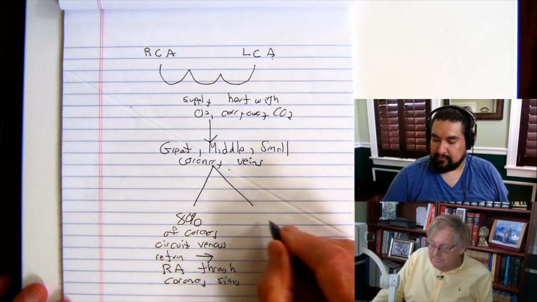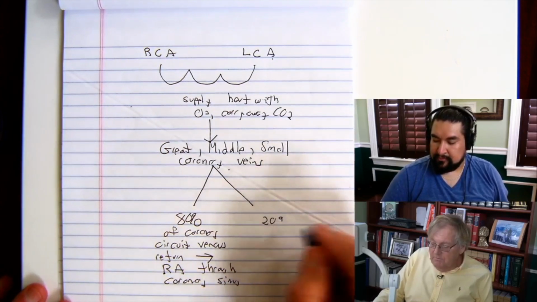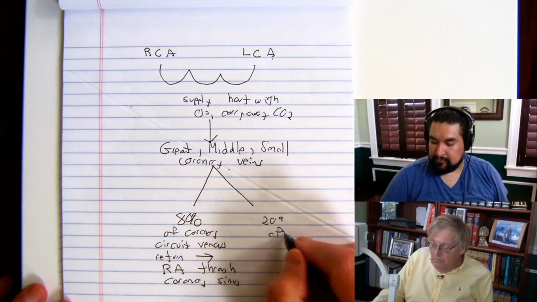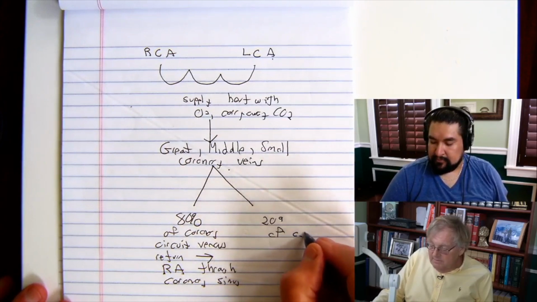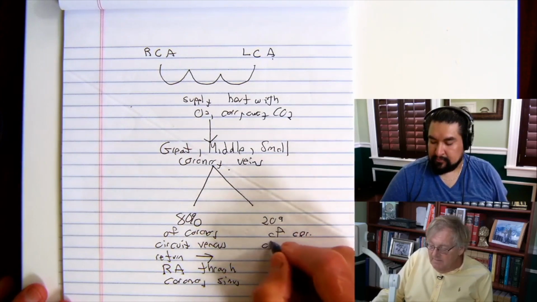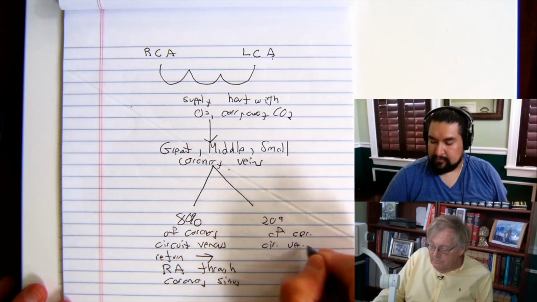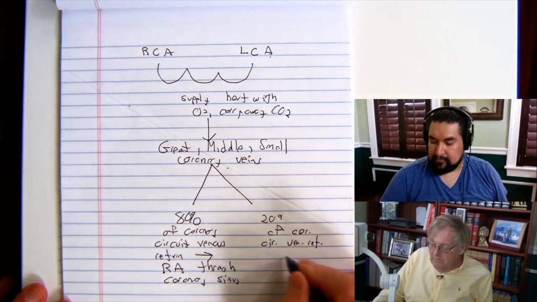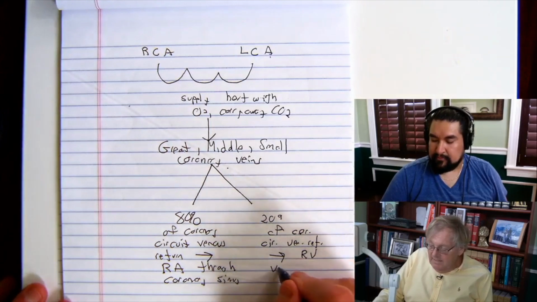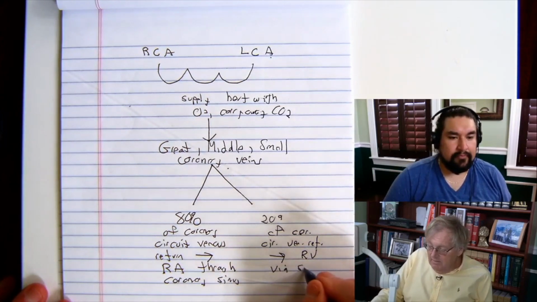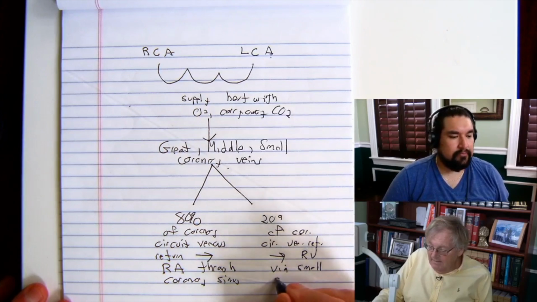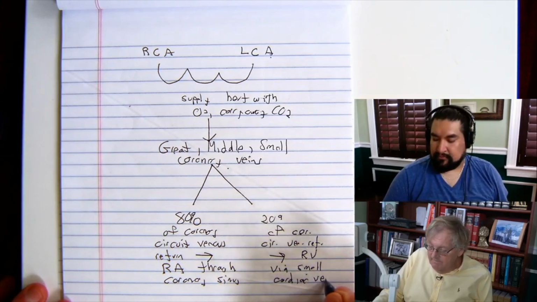And 20% of the coronary circuit venous return, I'm just abbreviating, is going to go into the right ventricle via the small cardiac veins.